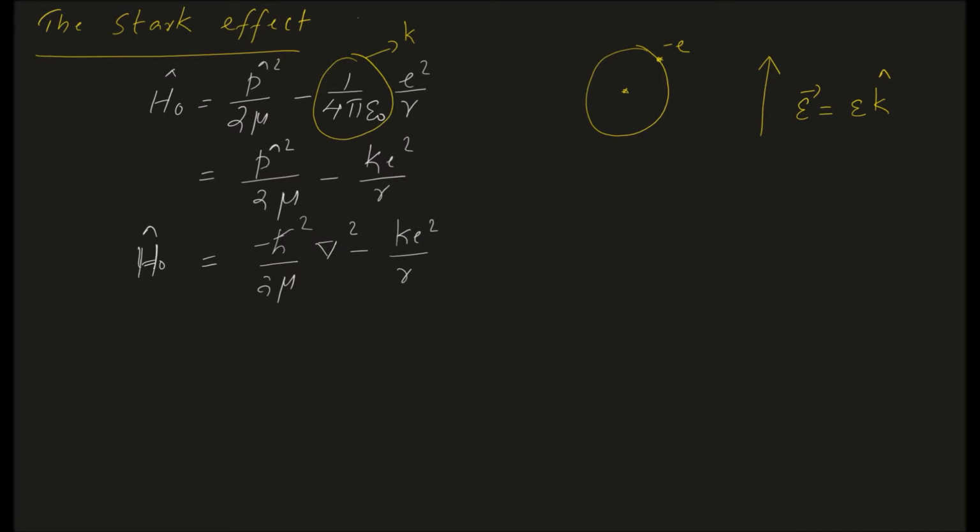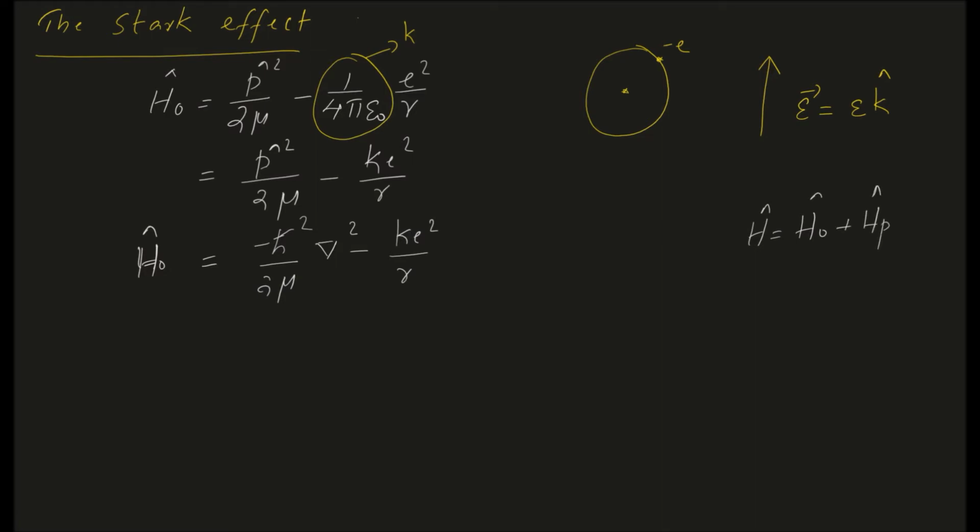Remember, yesterday we were discussing that the Hamiltonian of the system should be capable of being written as a contribution from the unperturbed part and a contribution from the perturbed part.